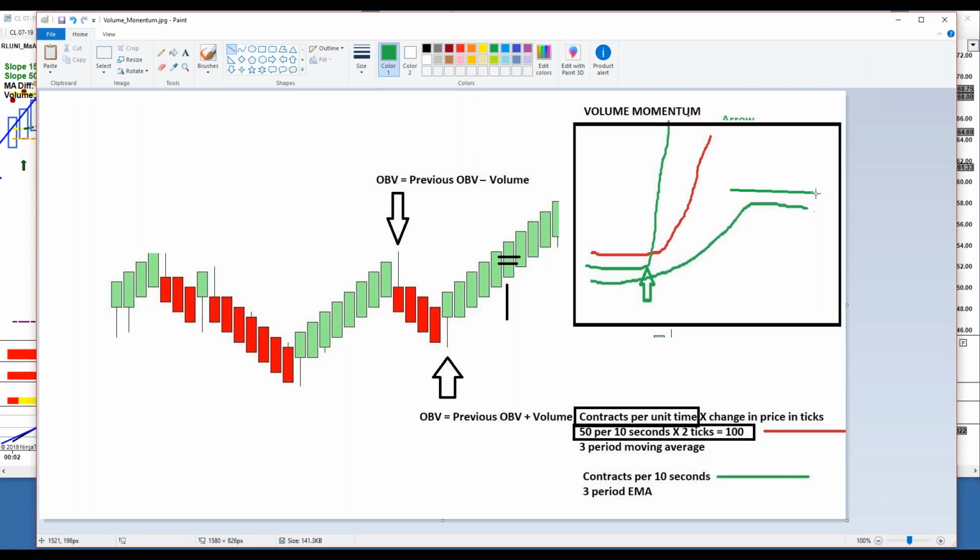If the 3 EMA of volume over 10-second intervals is flat, it's not an institutional move. And we don't want to deal with it because it's an unreliable move up. We want to trade when there's institutional participation. And what happens with institutional participation is this.